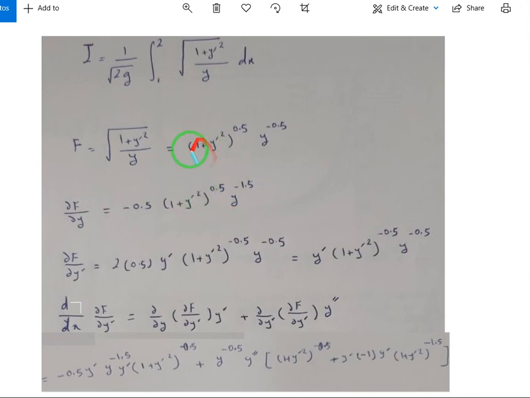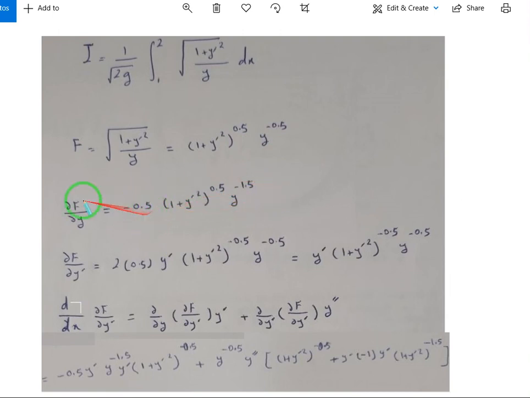I can calculate the partial derivative of f with respect to y simply by this equation. As you can see, the first term is not a function of y, but the second term is a function of y. The derivative of this term with respect to y can be calculated as minus 0.5 multiplied by y to the power of minus 1.5, as you can see here.